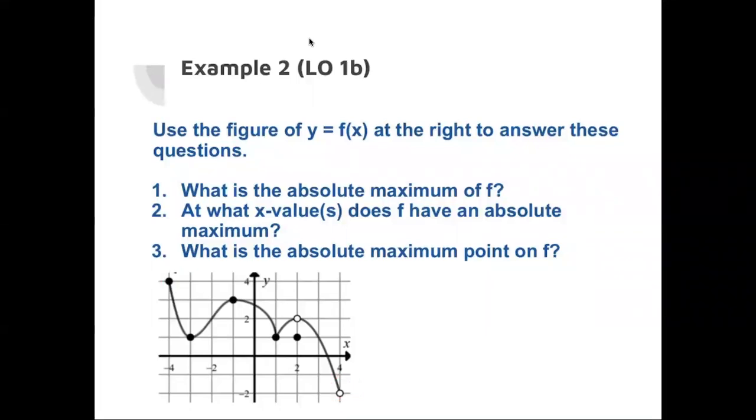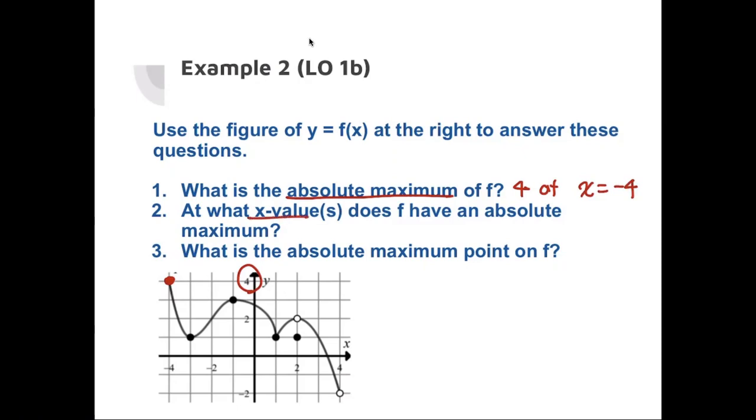So what's the absolute maximum of f? It's this endpoint, right? Because this endpoint is the absolute maxima. No other points in the graph exceed this endpoint. So we're writing that the absolute maximum is 4 at x equals -4.